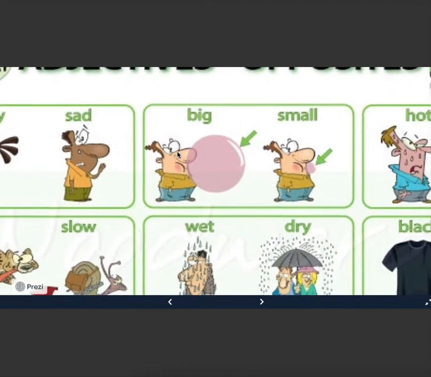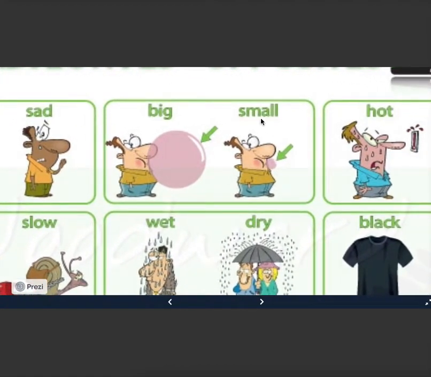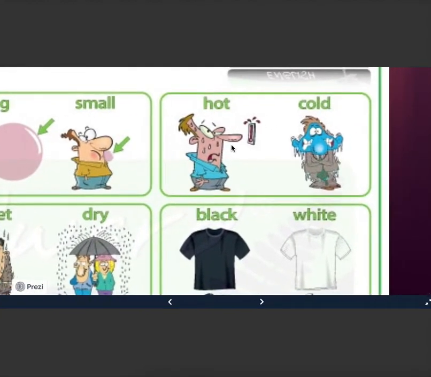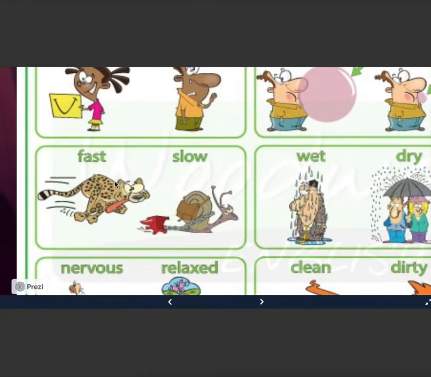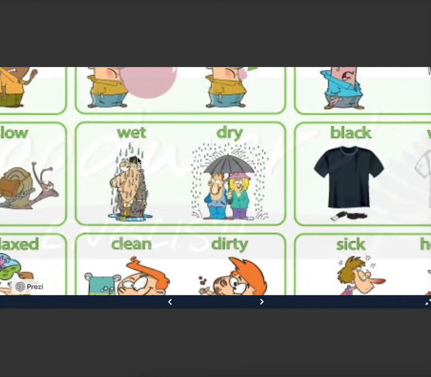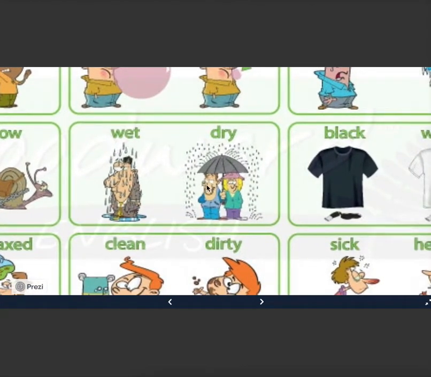Okay, we have big, we have small, we have hot, and we have cold. We also have fast. Look at the images, this is going to help you. We have slow, we have wet, and we have dry. Wet, dry. Look at the images.